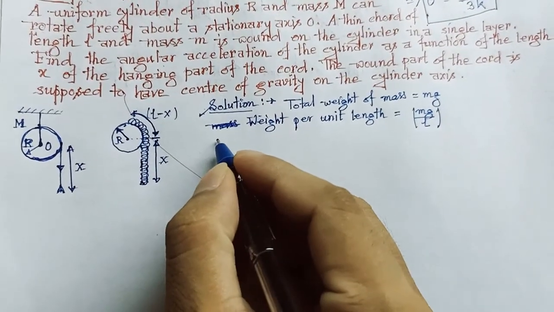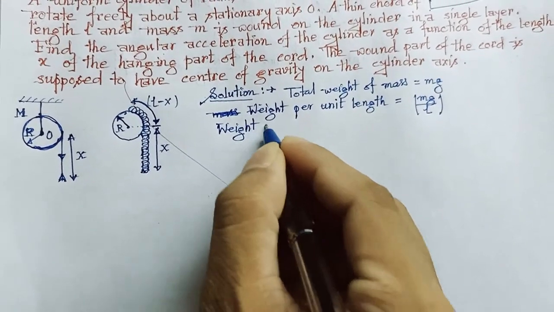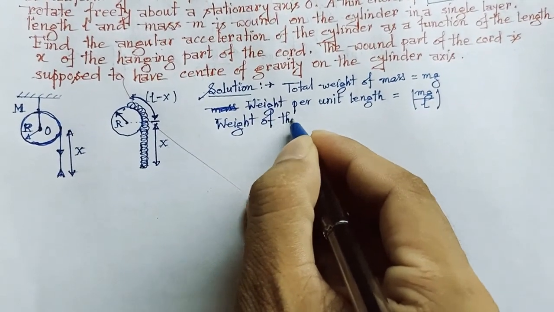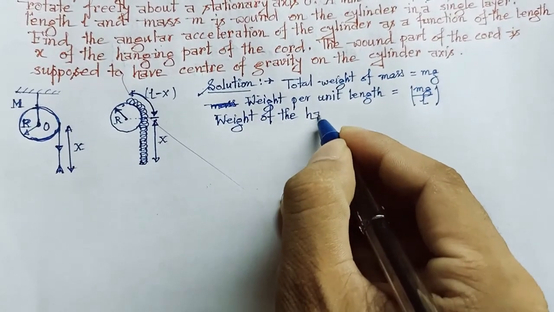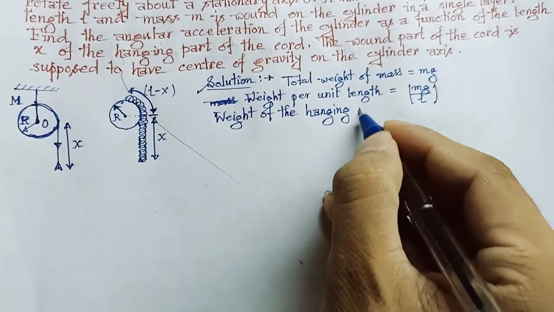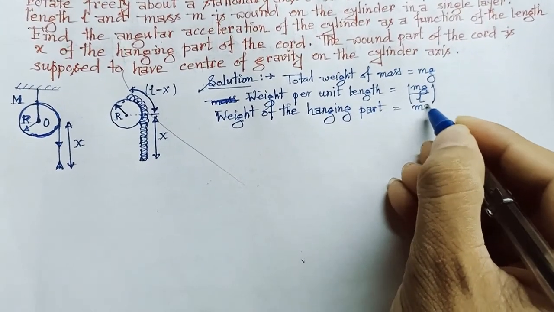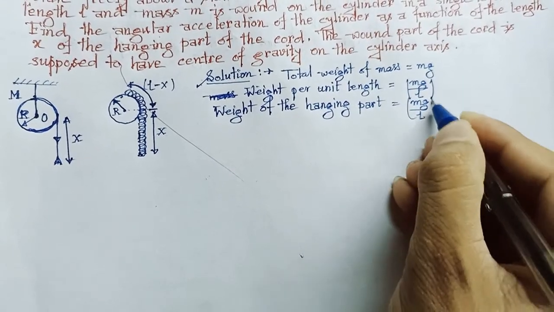So the weight of the hanging part will be equal to mg divided by L into x.